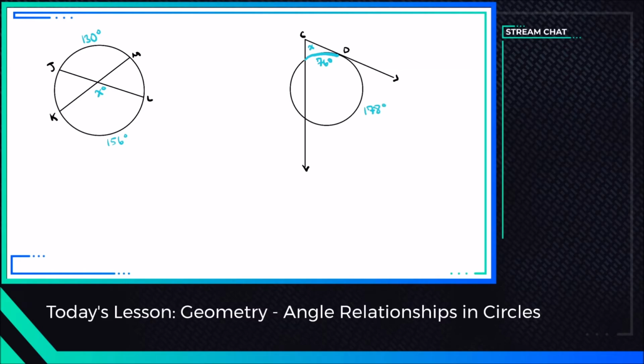So to find X on this first one, we know that X is going to equal 1/2 the arcs added together. So that's going to be 1/2 of 130 plus 156, which is 1/2 of 286, which is equal to 143 degrees.